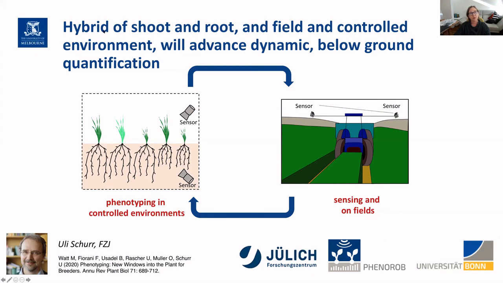And that advancement can probably be made by using a hybrid of both shoot and root measurements, field and controlled environment measurements, and dynamic concepts. One of the exciting things is that the phenotyping technologies that have been developed largely by Uli Schurr and his institute at Jülich, the sensors, the concepts behind the sensors are very, very similar or can be adapted to the sensors that are used on fields. And this makes the lab to field hybrid possibility a reality.